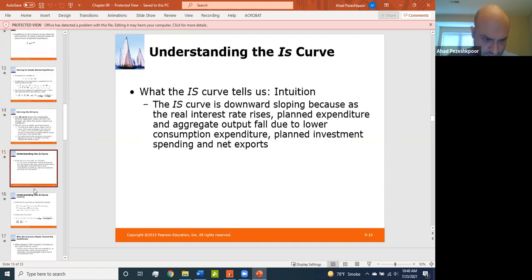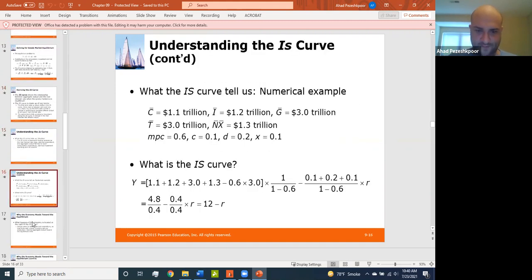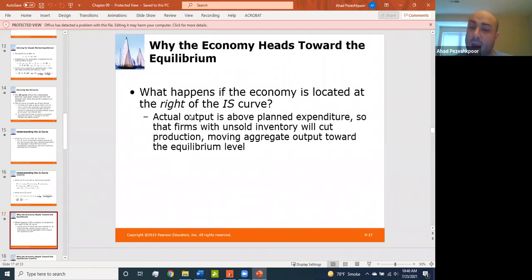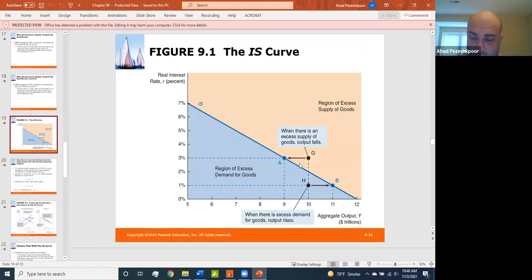So, who will be? Yep, here. What happens if the economy is located at the right side of the IS curve? Now, let's talk about this curve. This would be your curve, 12 minus R. That would be your function. This is called the IS curve.